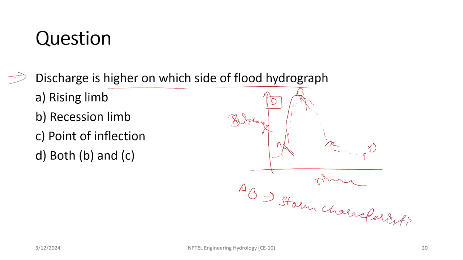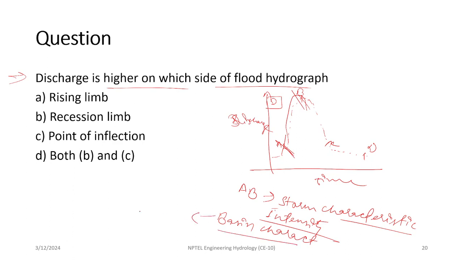Storm characteristics means what? That is talking about the intensity. If intensity is high, then what would be the effect? Then how much duration is happening, that is also a storm characteristic. Then another case is basin characteristics, which also plays a significant role in controlling the discharge.